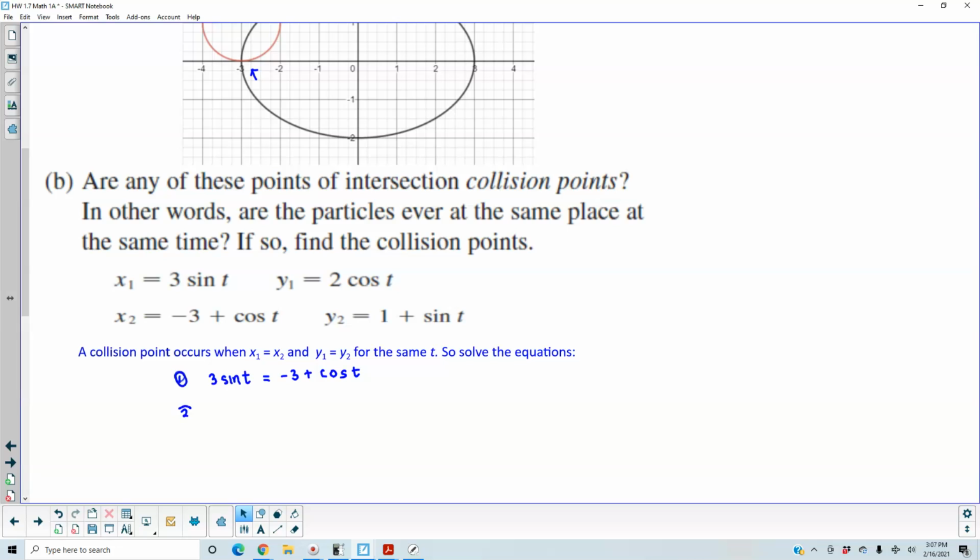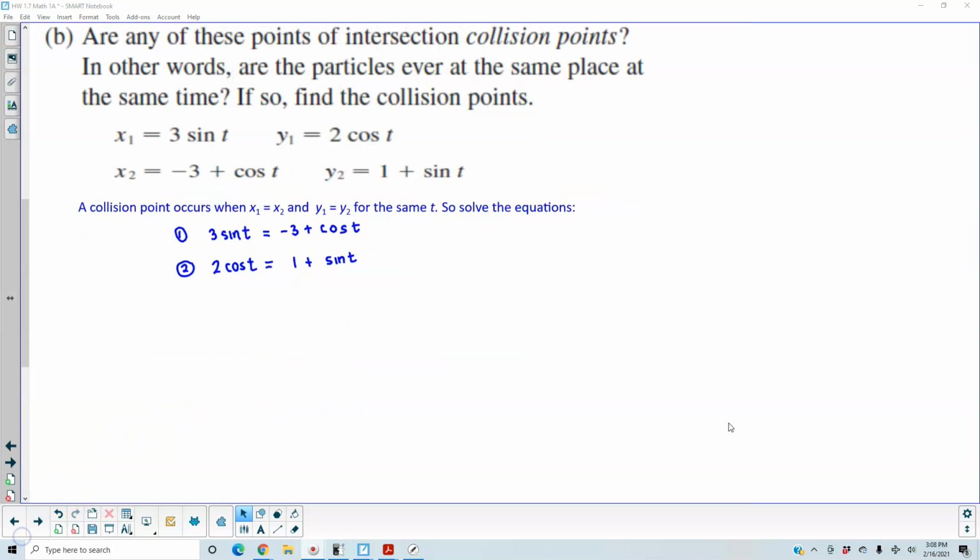Then our second equation is 2 times the cosine of t equals 1 plus the sine of t.